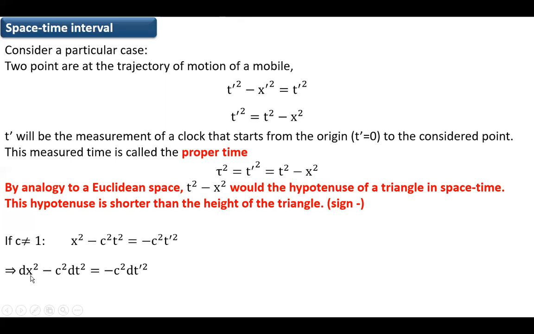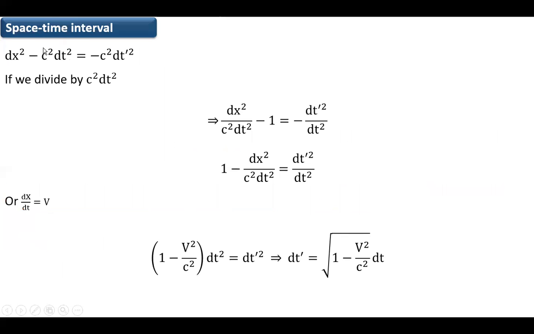This equation will hold even for differential quantities. So dx squared minus c squared dt squared would be equal to minus c squared dt prime squared. So you can always use this differential equation.